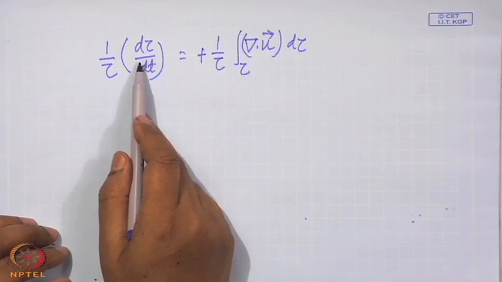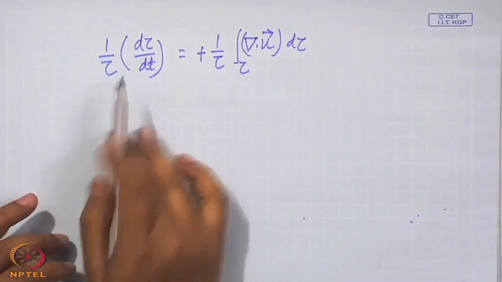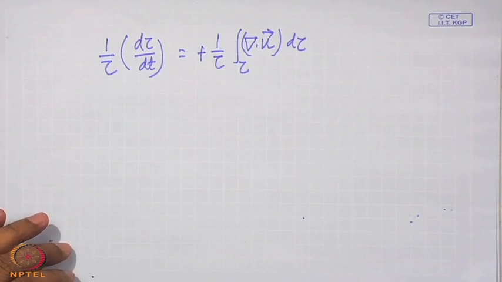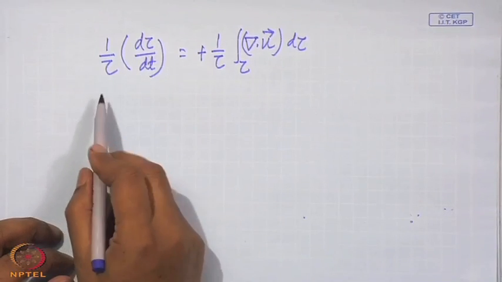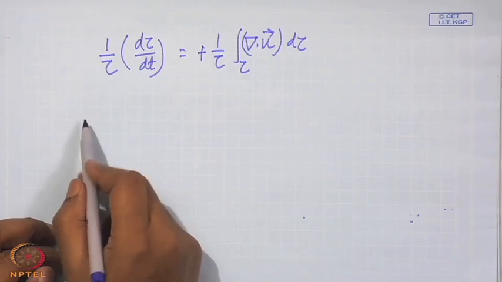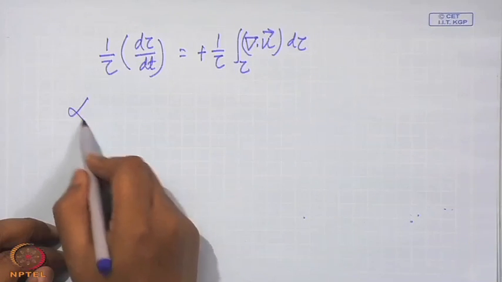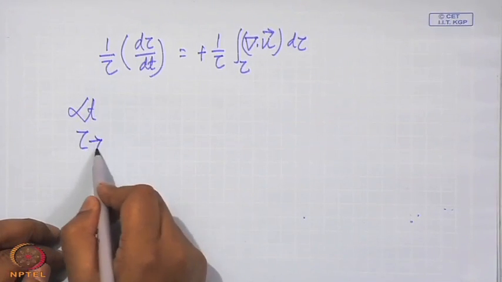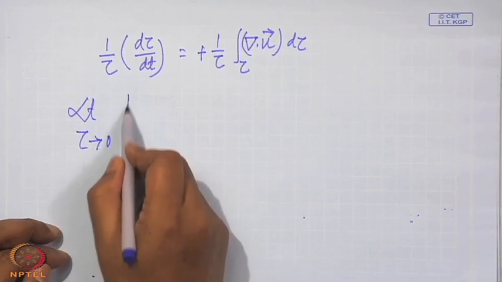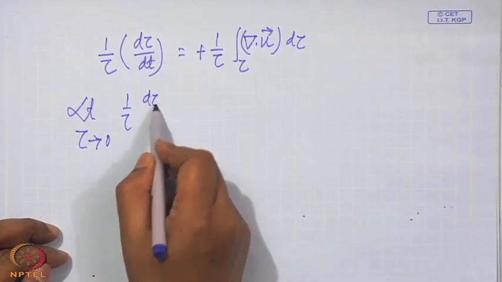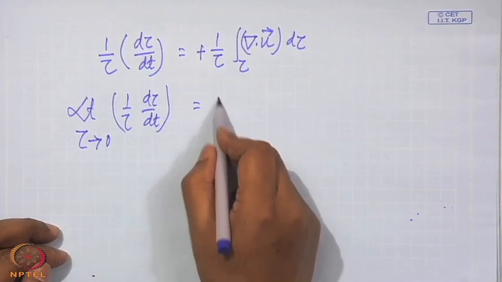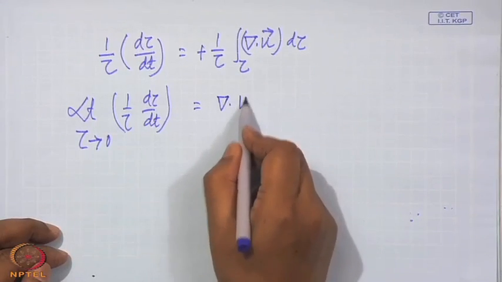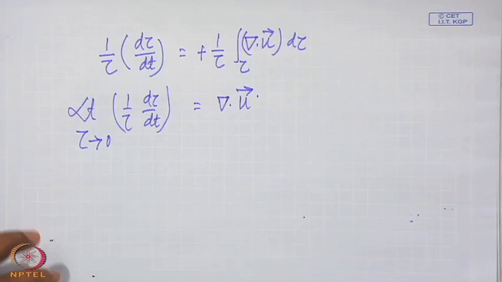This is rate of change of material volume divided by the volume, or rate of change of volume per unit volume. If we consider this element to be very small, infinitesimal, that is approaching this to be 0, then this becomes this.